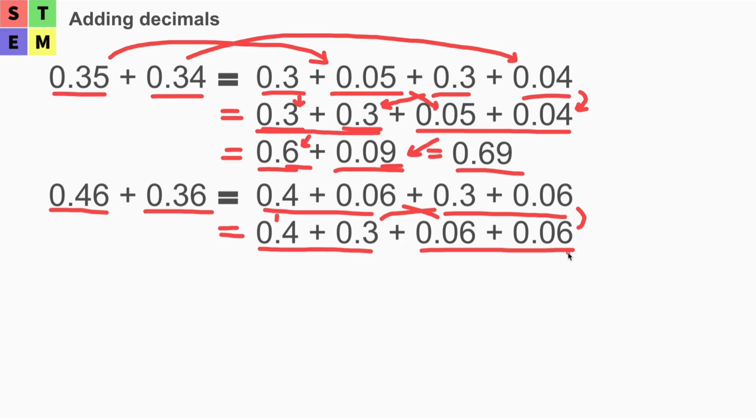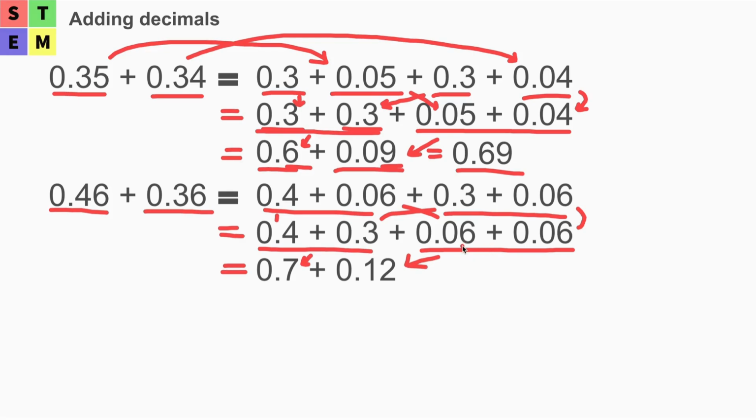So what we'll have here, we will have 0.7, right? 4 plus 3 is 7, so we'll have 0.7, but here we have what? 0.12, okay? Why?